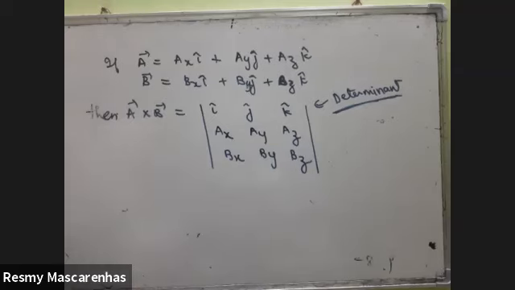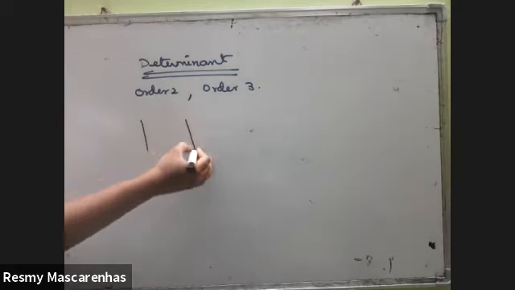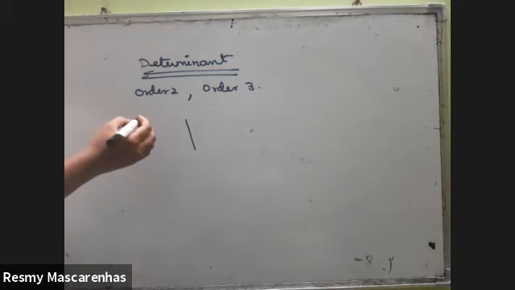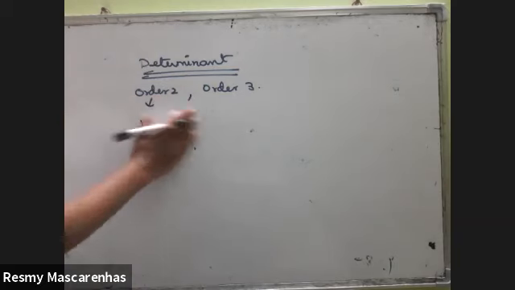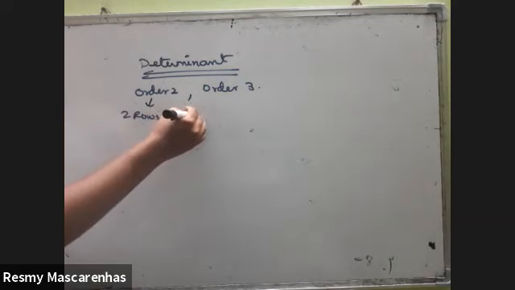So there is always a determinant of order 2 and order 3. So first we'll understand how to do order 2, and automatically order 3 will become simpler. Order 2 means you'll have 2 rows and 2 columns.